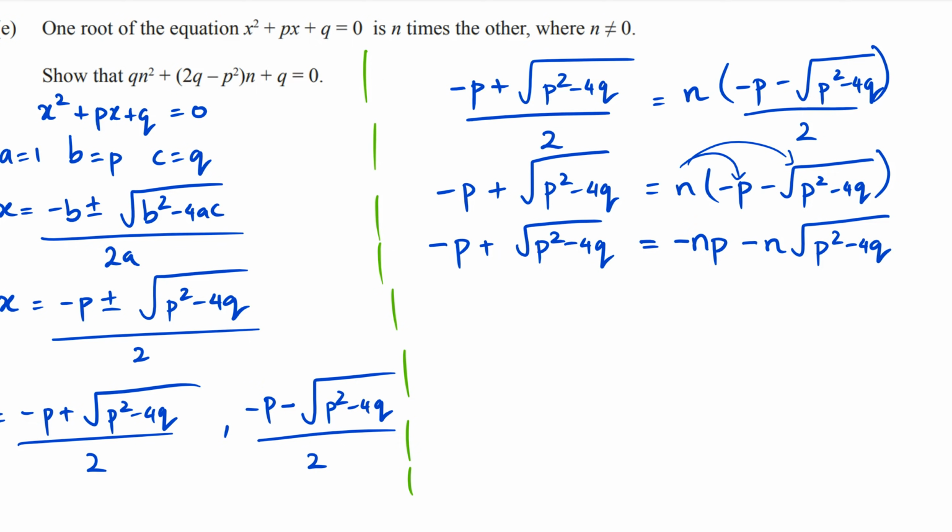So I'm going to bring the negative n term to the left hand side, and when I do that I end up with n times the square root of p squared minus 4q plus the square root of p squared minus 4q, staying as it is. And on this side I've still got negative np, but I would like to bring the negative p to the right hand side so it becomes positive p.